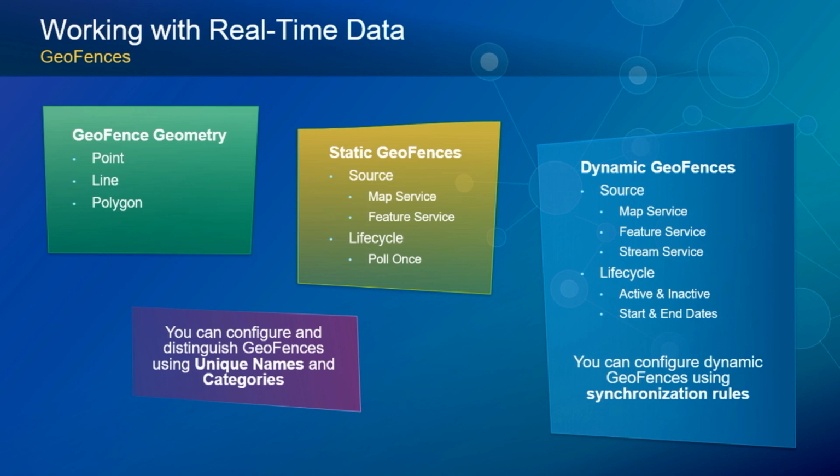So in that layer, they might have different names. We can set that up to pull and distinguish those records based on their name. But we also, from that same data feed, might have other types of storms going on as well, such as tornadoes. So in that case, maybe we are only interested in the hurricanes, and so we can create a category called storms or hurricanes, and then a separate one for tornadoes, and we can filter against that when we're working with spatial filters and geofences.